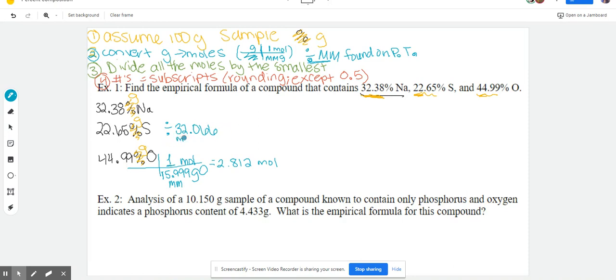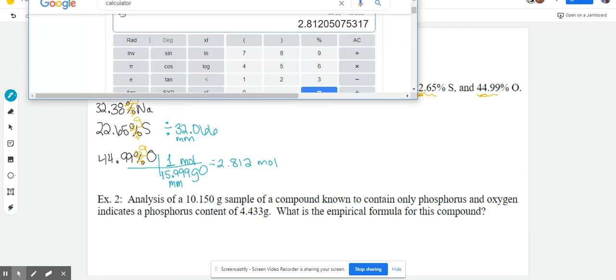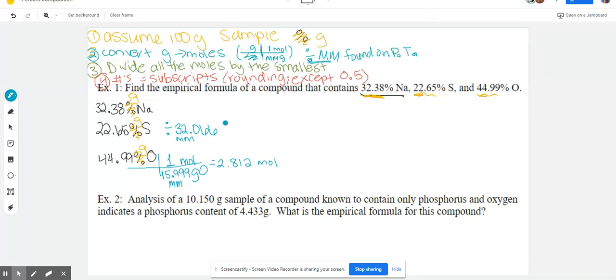We're still dividing by that molar mass, okay? So 22.65 divided by 32.066. We're going to go to 4 significant figures again. Here I see 0.70635, so we're going to go up to 4: 0.7064.